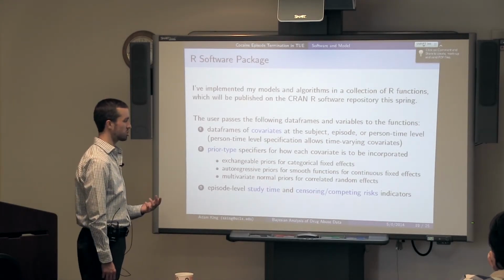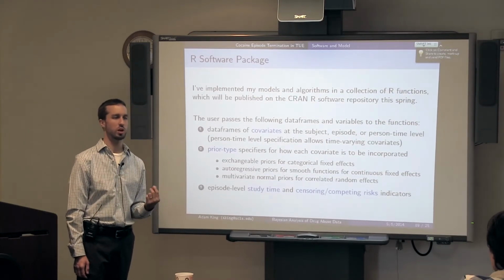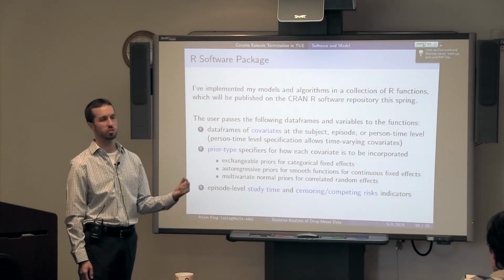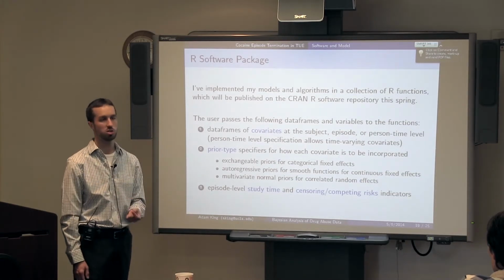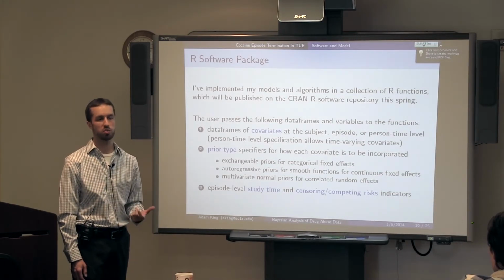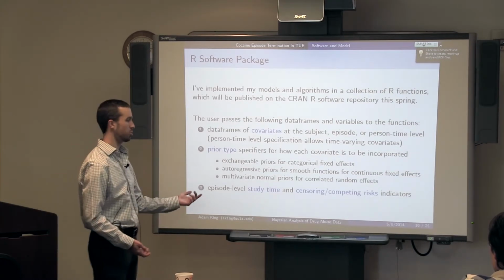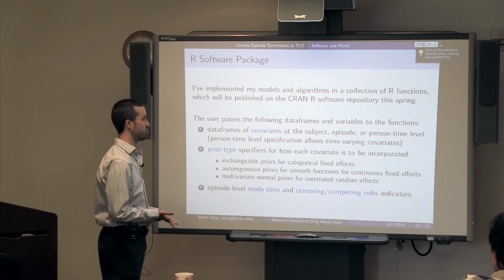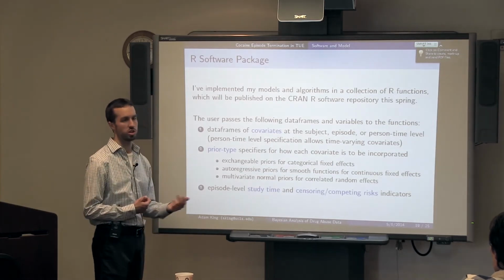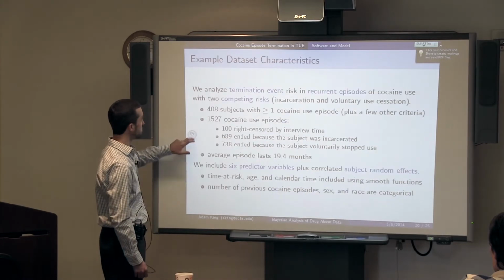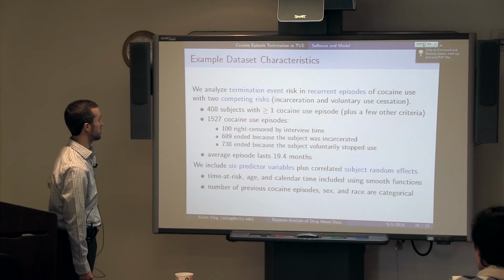These random effects are also allowed to be correlated for the different competing risks. So a subject will have a random effect for the competing risk of incarceration and a random effect for the chances of voluntarily stopping use, and those random effects will be correlated within subjects. And then finally, you have to supply the outcome information, the censoring and competing risks information, and the durations of the episodes.